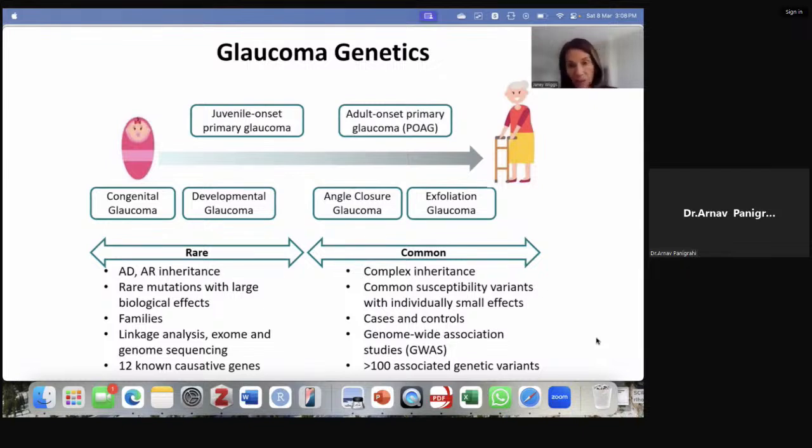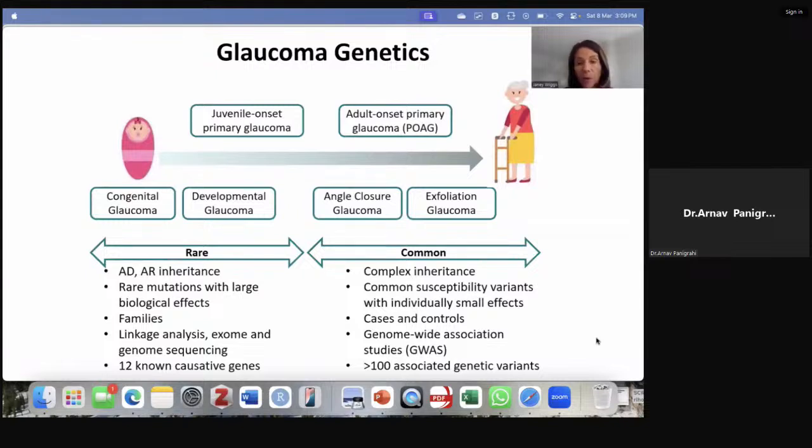In contrast, the adult onset forms of glaucoma, primary open angle glaucoma, angle closure glaucoma, and exfoliation glaucoma, exhibit complex inheritance, which means that not a single gene can cause these conditions, but multiple genes in combination can result in disease. Individually, these susceptibility variants have small effects, and we find them by studying cases and controls in genome-wide association studies.